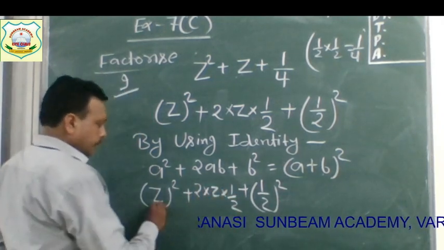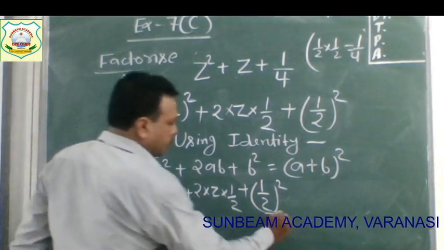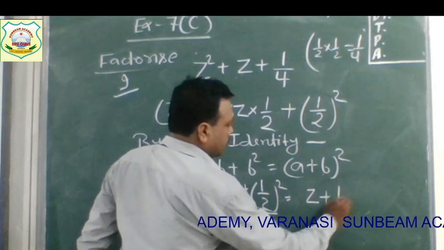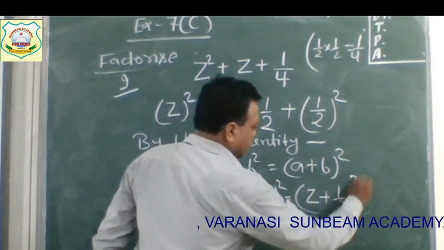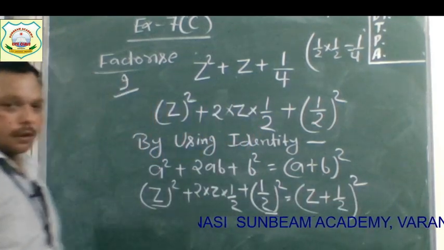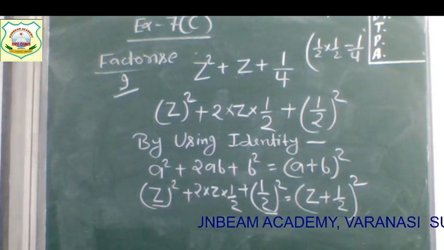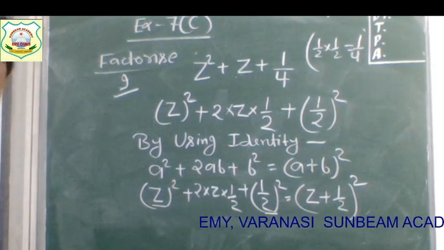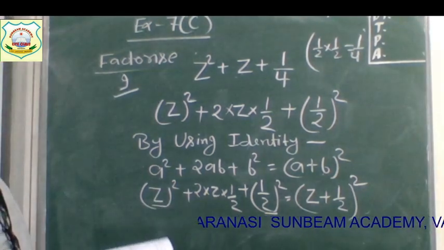So, what should come? A value is z and b value is 1 upon 2. So, what should come? z plus 1 upon 2 whole square. It will be your answer. Students, note it down. Okay, students, note it.